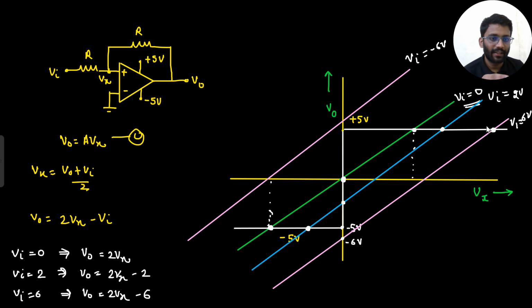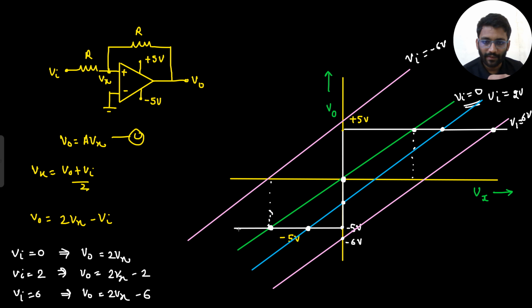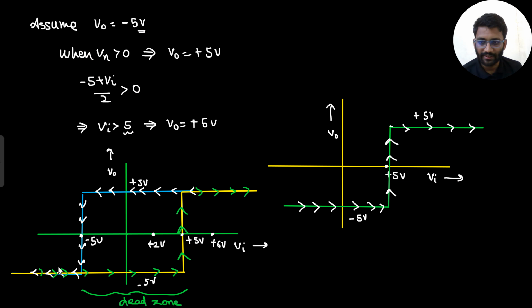So it is cutting the axis at this point, and if I increase this line, Vin equals minus 6 volt is cutting at only this point. Here your V naught is minus 5 volt only. That's why when Vin is minus 6 volt, your V naught is minus 5 volt only. So you are verifying your answer with this hysteresis curve.